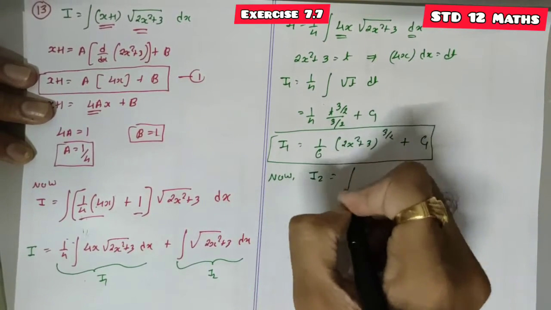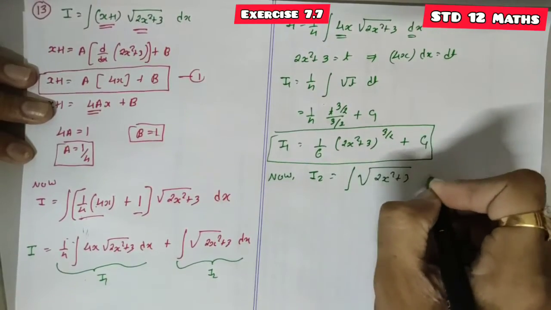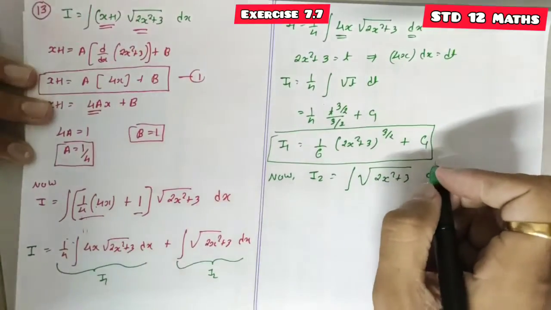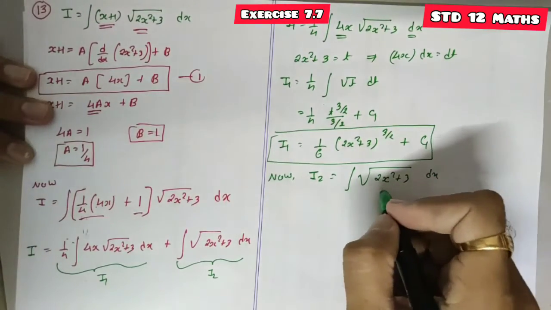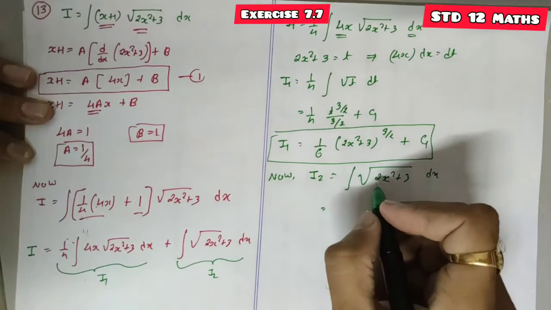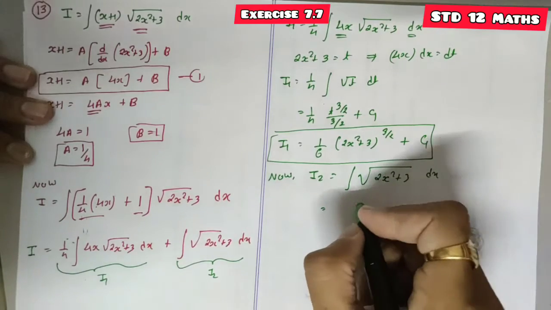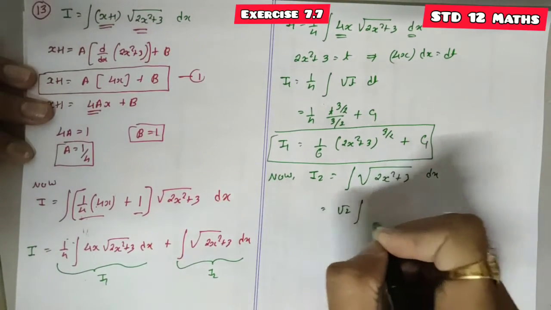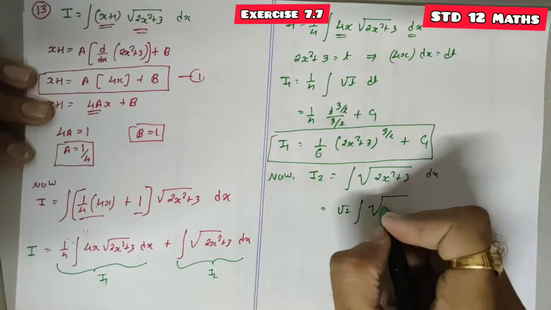Now our I2 is integration of square root of 2x square plus 3 dx. There should be nothing in the coefficient of x square, so we have to take this 2 as common. If you take this 2 as common, it comes out from the square root as square root of 2. So square root 2 is the common term.